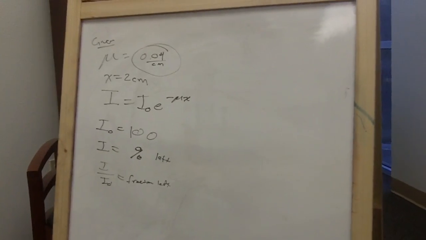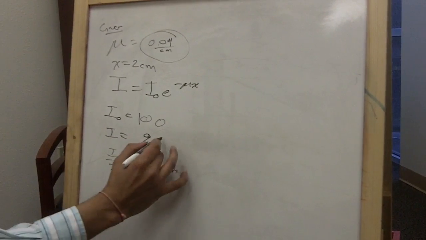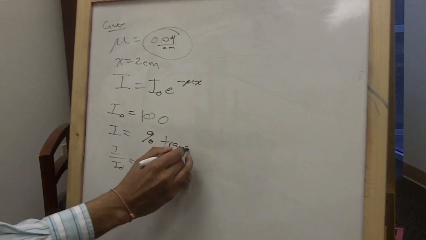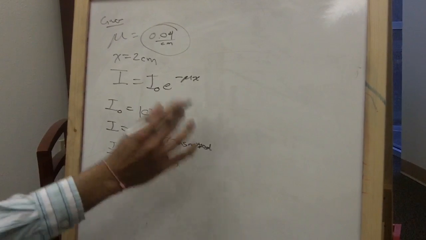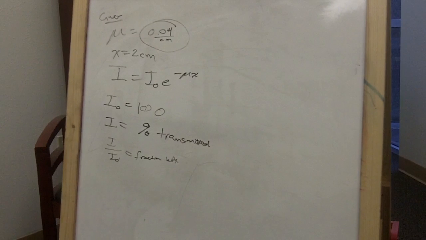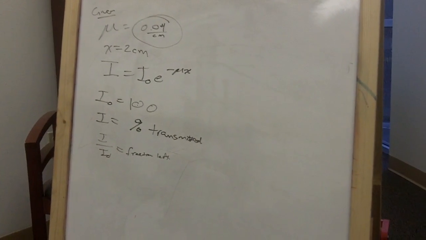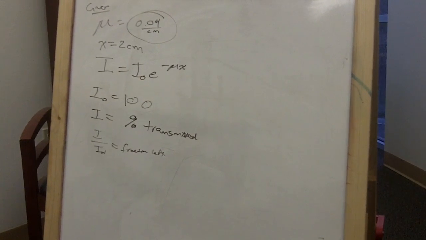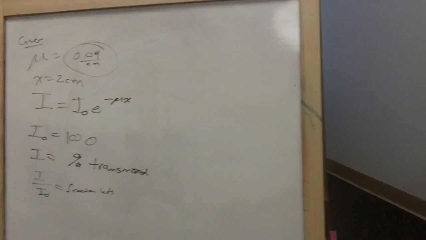Another way to say this is the percent that's transmitted. It's what is not stopped in that thickness that actually makes it through. Does that make sense?